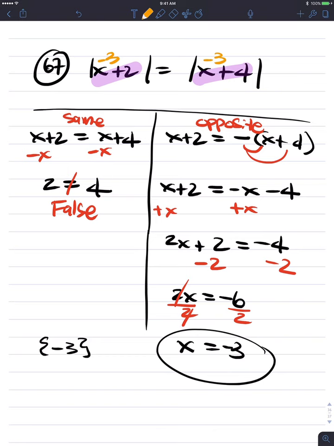So I'm going to have the absolute value of negative 1, which is positive 1 on the left, and on the right, negative 3 plus 4 is also negative 1, or sorry, is positive 1. So what we're seeing here when we plug these values in is on the left side, my number is negative 1, and on the right side, my number is positive 1. So that the absolute value of both of these numbers are the same. They're both positive 1.